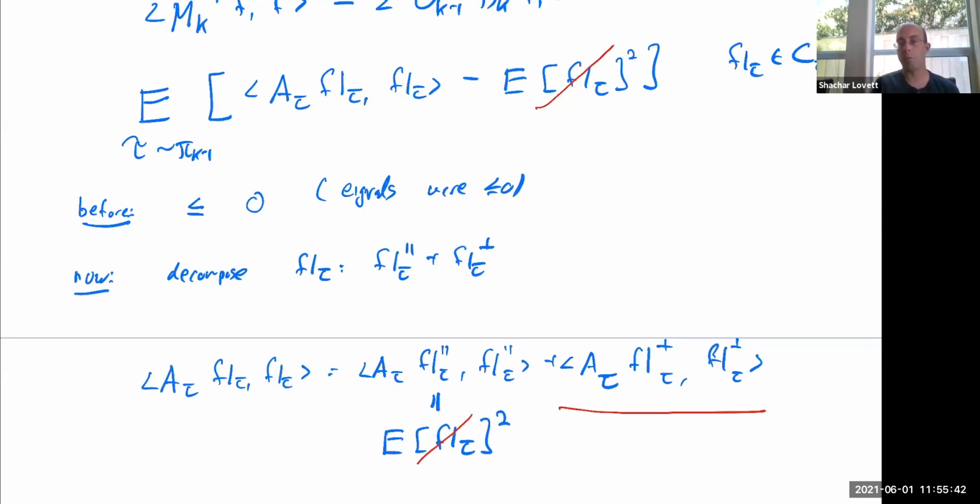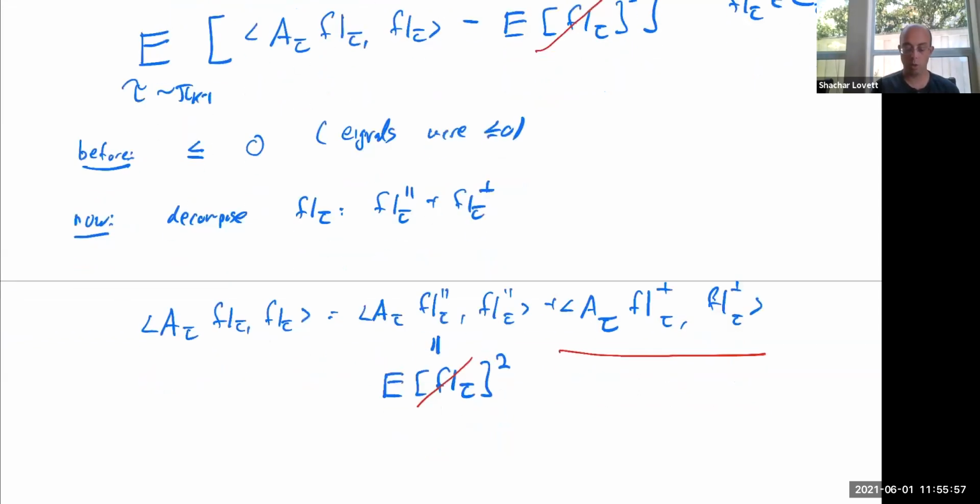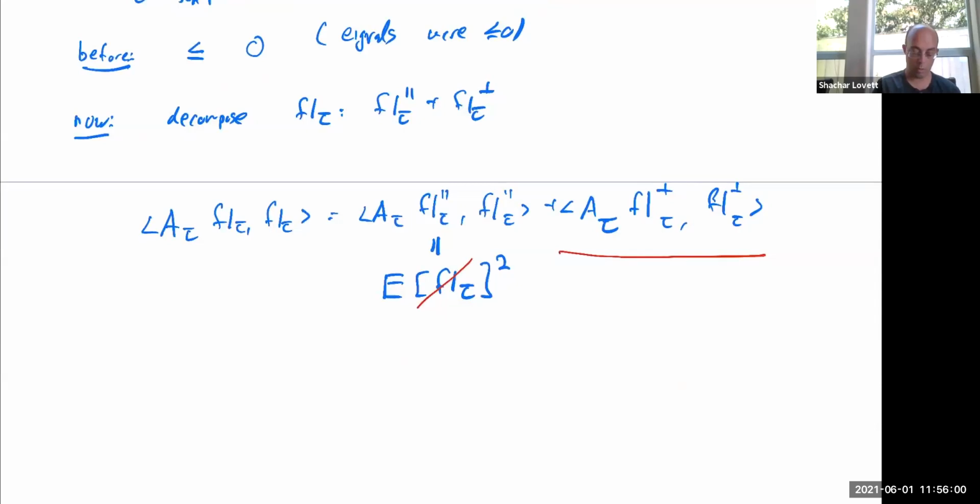Before we said this is going to be at most 0, because all the eigenvalues are at most 0. Now we can't say that anymore, but we can apply the bound that we know on the eigenvalues, which is gamma k minus 1, because tau is a k minus 1 face. So we can bound this by at most gamma k minus 1 times f tau perpendicular.